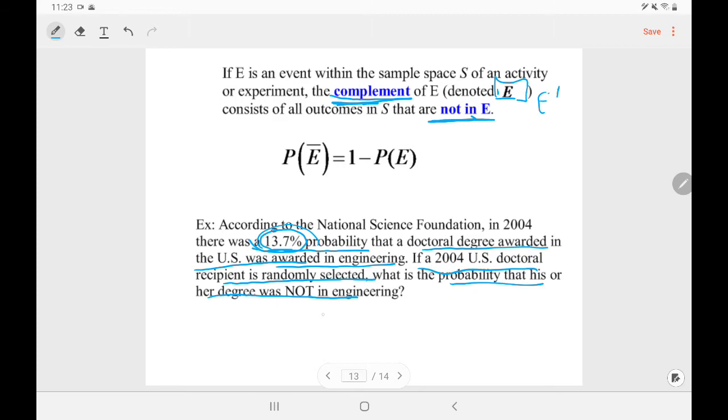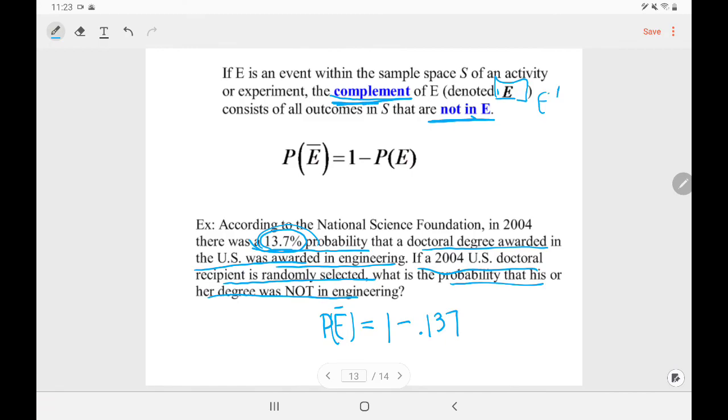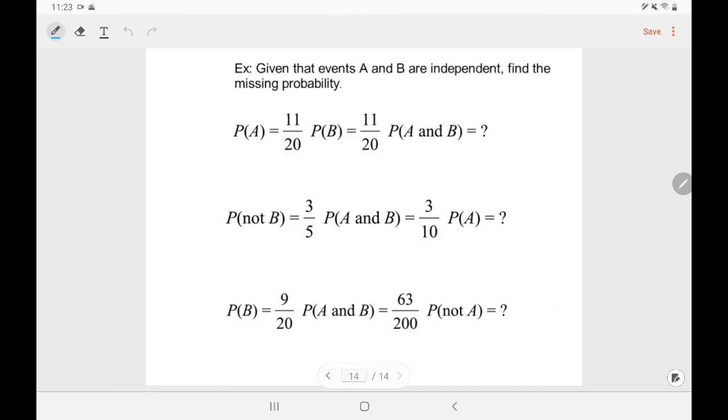So the probability of E complement, not having a doctorate degree in engineering, is 1 minus, remembering to use the decimal, 0.137, for a grand total of 0.863. As a percentage, that is 86.3%. All right.